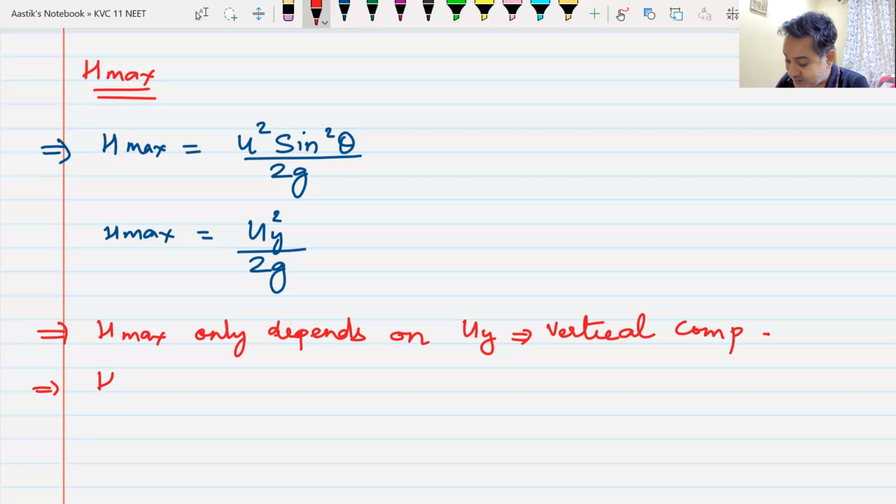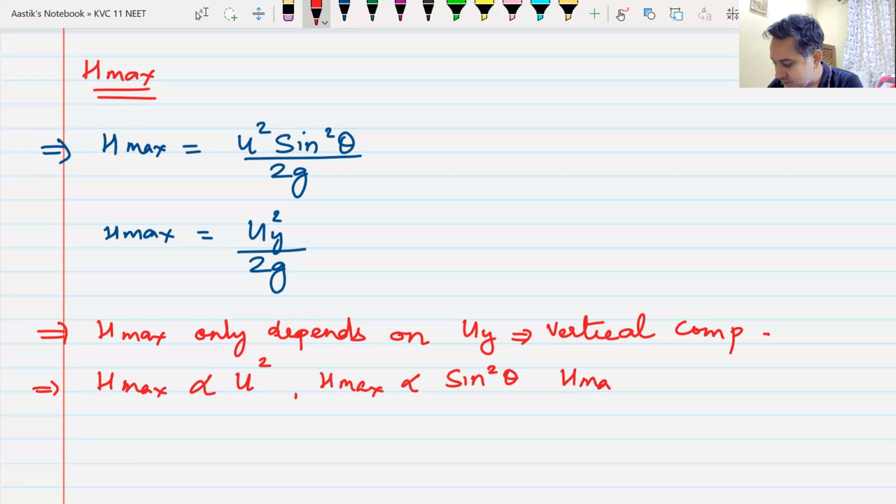Also, we notice that H max is directly proportional to u square. H max is directly proportional to sine square theta, and H max is inversely proportional to the acceleration due to gravity.